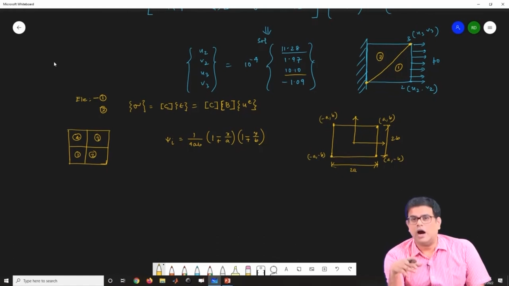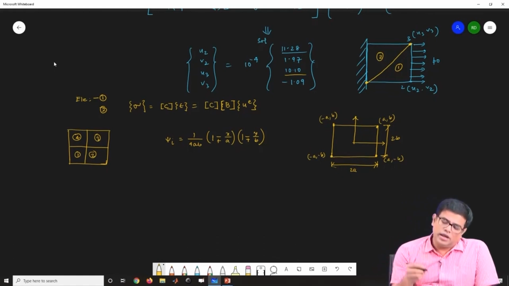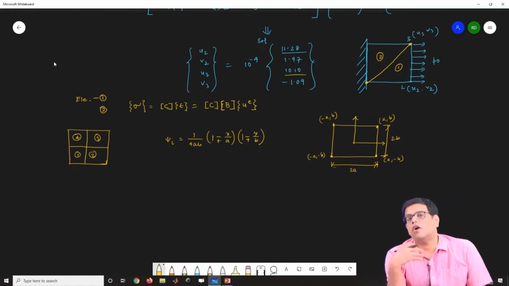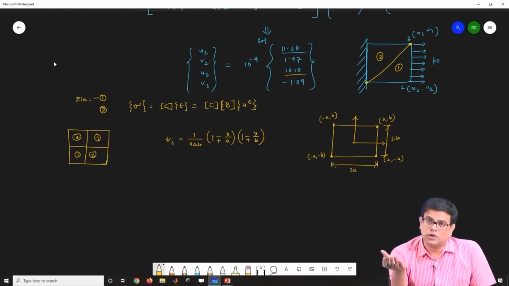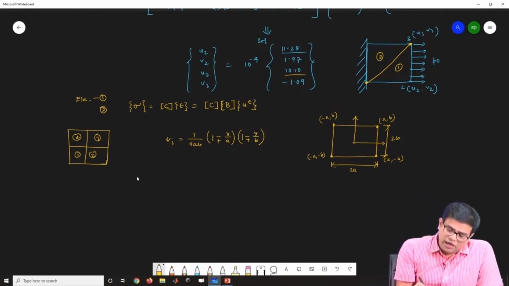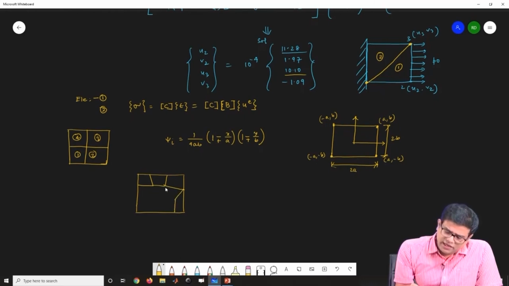For this case also we can integrate exactly, and you can check how the solution changes. In most cases we cannot compute the exact integral, and for that you have already studied how to find the integral with Gauss quadrature. For instance, if I have a discretization which is not rectangular, something like this, you can still find the solution, but that's a tedious job, so nobody tries to do that.